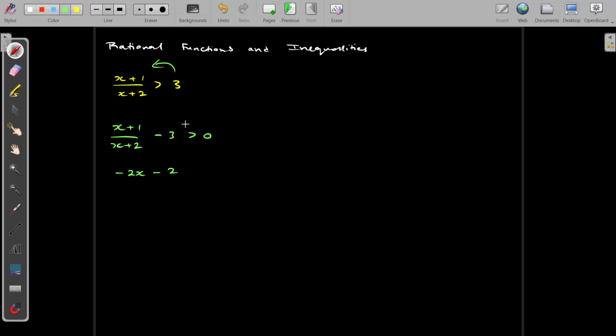Wait, that would be 3 times 2 is 6. Minus 5 over x plus 2 is greater than 0. So you'd have to simplify this part. I use equivalent fractions to simplify it, but that is what it would work out to be.